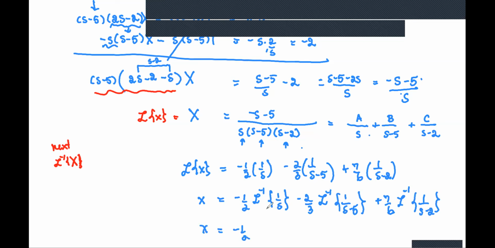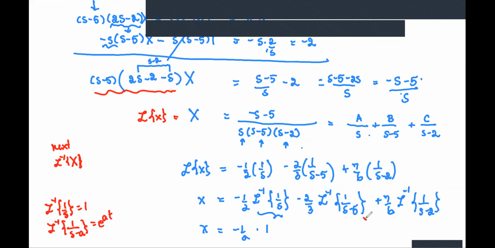So the first one will return the constant term, which is 1. Okay. The second is in the form of, I'm going to put the note here, the inverse Laplace of 1 over s is the constant 1. This is s not 5. And the inverse Laplace of 1 over s minus a is e to the at. Okay.